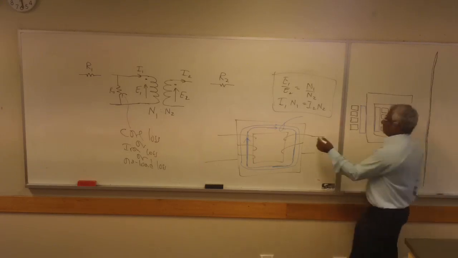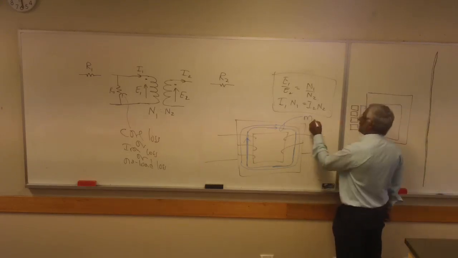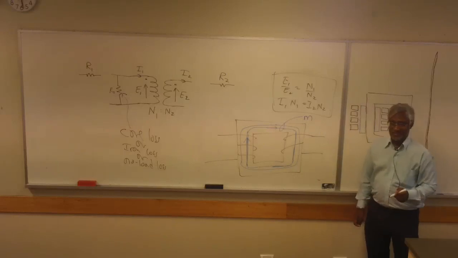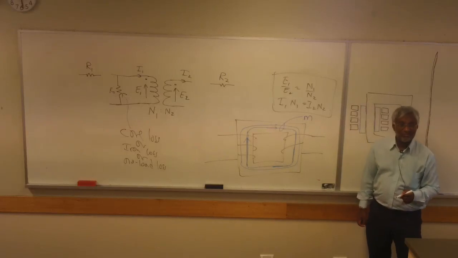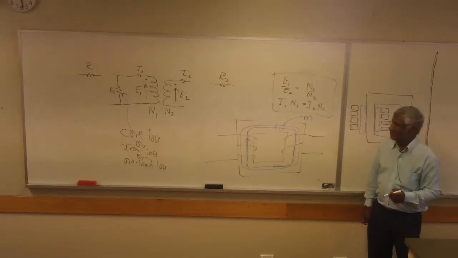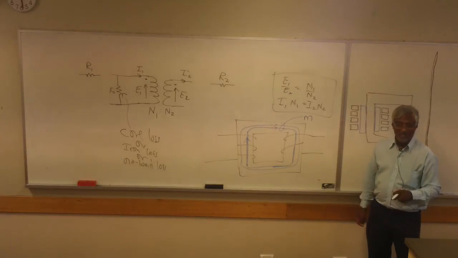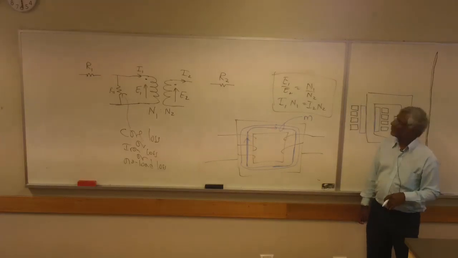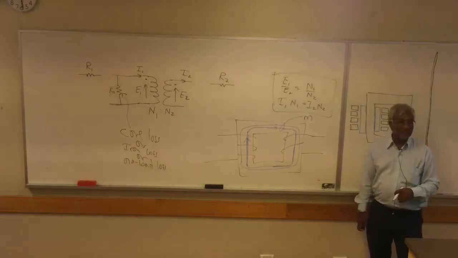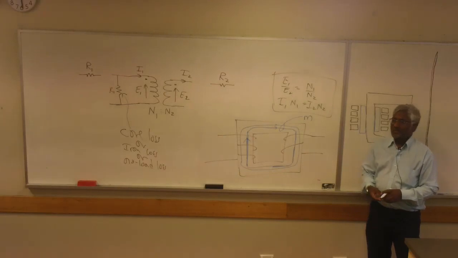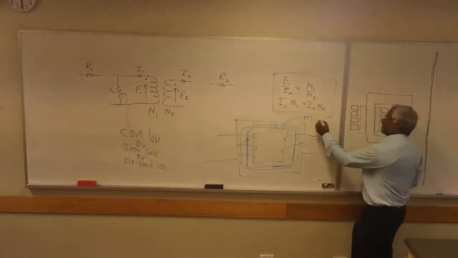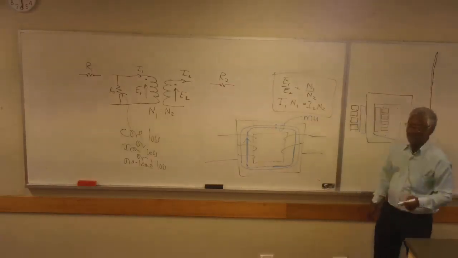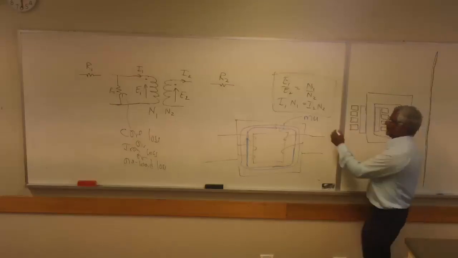I'll give it a name starting with M. So what do you think the name would be? That's very general, but I want to be a bit more specific. Mutual. Yes, very good. Thank you very much.